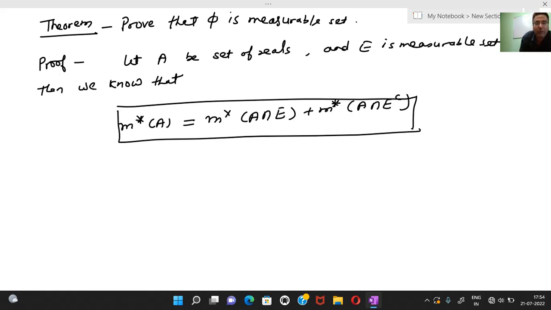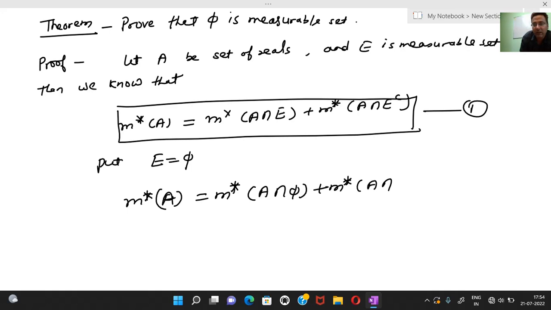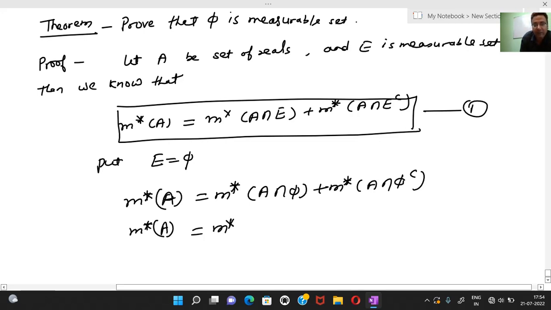Okay, now we have to prove phi is a measurable set. Let us put E equal to phi in equation 1. Here we can see outer measure of A equal to outer measure of A intersection phi plus outer measure of A intersection phi complement.